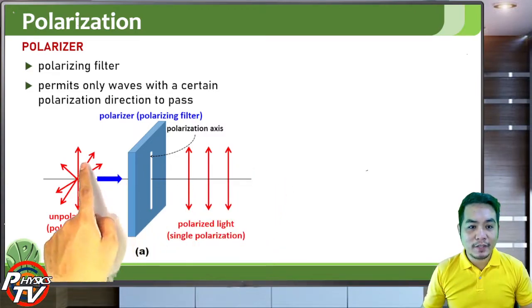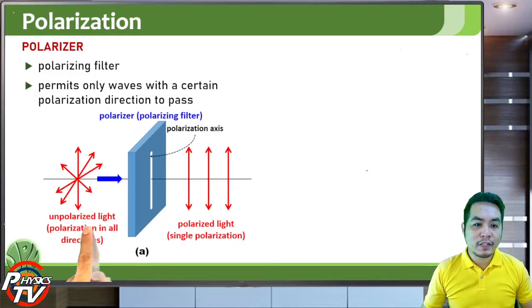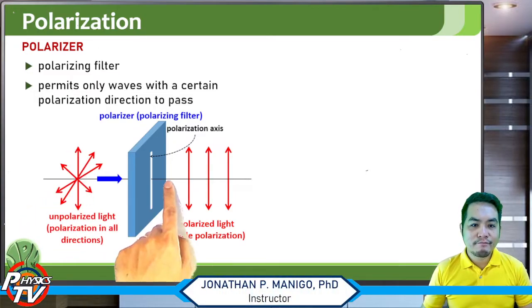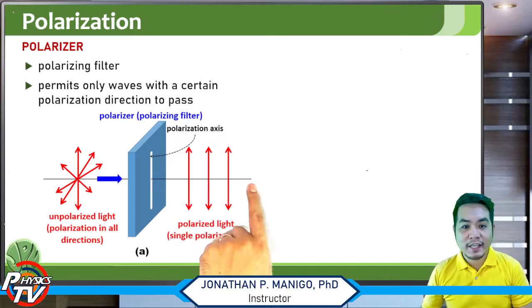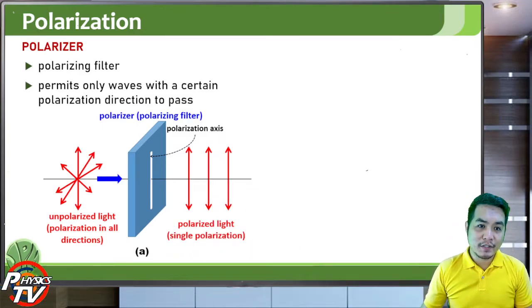In this case, the vertically polarized light can enter and exit this polarizer. That's how you polarize light.